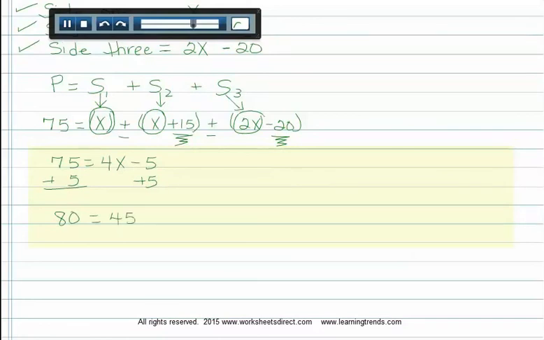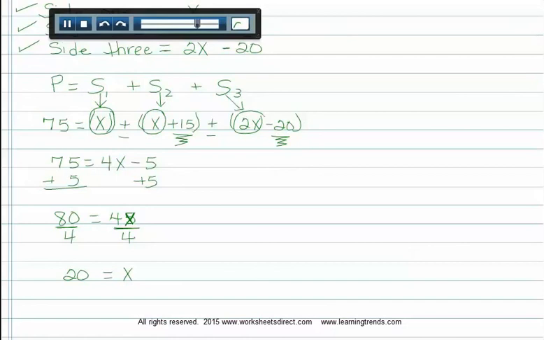And then to continue to solve it, we want to make that 4 into a 1 x here. Then we will divide each side by 4. And we find that x equals 20. So we have found what x equals, and so we know what side 1 is.